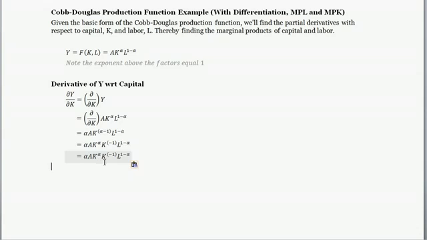We can simplify that to the following. This next one's equivalent. And then notice that this portion right here is just the production function: A K to the alpha, L to the 1 minus alpha. So you could replace that with just Y.